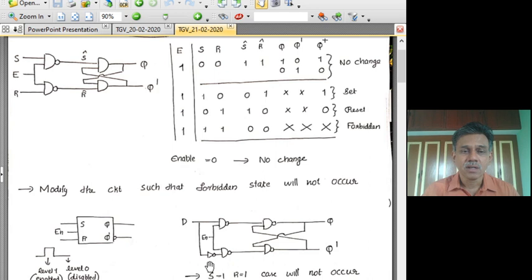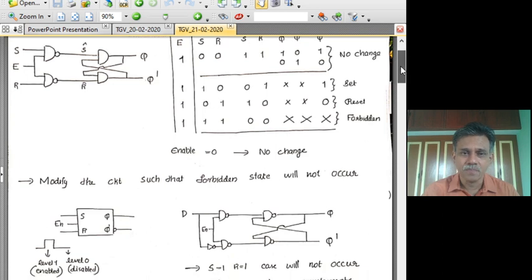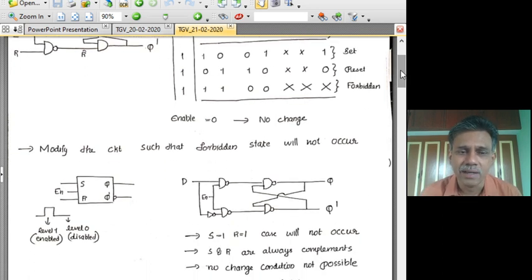Note, here D can take only one value, either 0 or 1. Therefore, this S and R will always be complement of each other, and therefore this forbidden state will never occur. So this kind of latch is what we are going to call the D latch. And let's see what are the characteristics of this D latch.